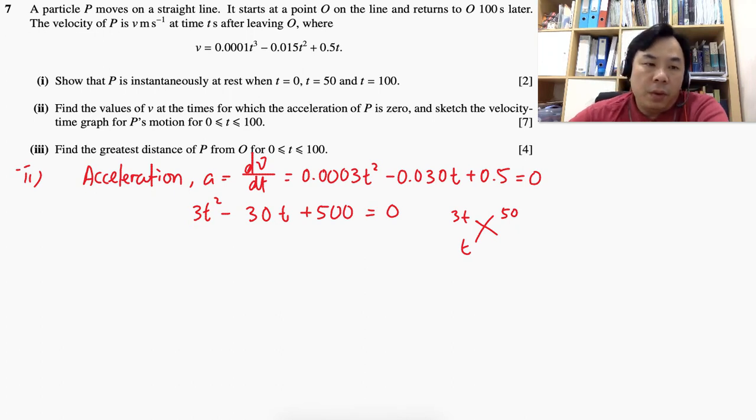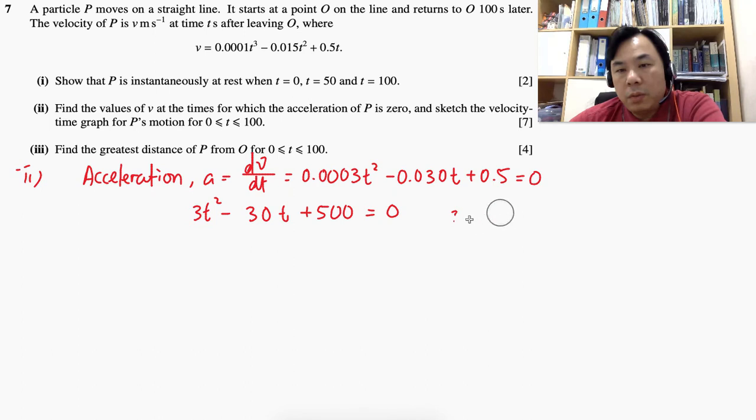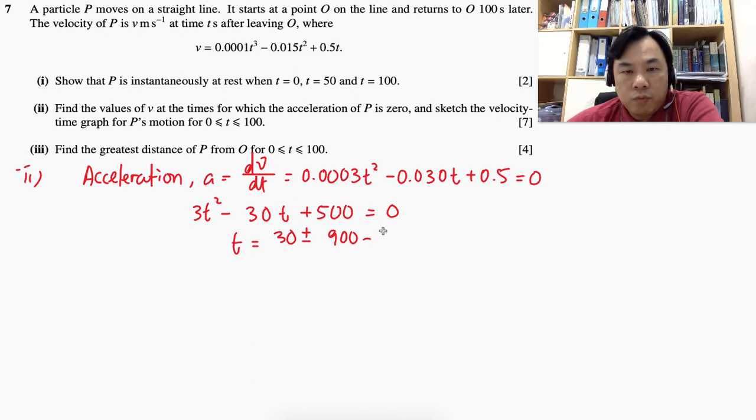If you have no idea, then we'll just have to rely on, for instance, sometimes I can't figure it out, so all I need to do is just rely on my quadratic equation. Maybe I missed out something here, so that will be 900 minus 12 by 500 there, divided by 2, 3.